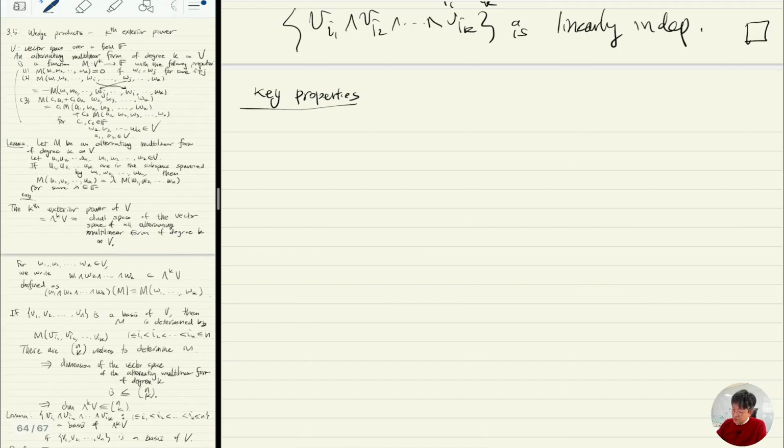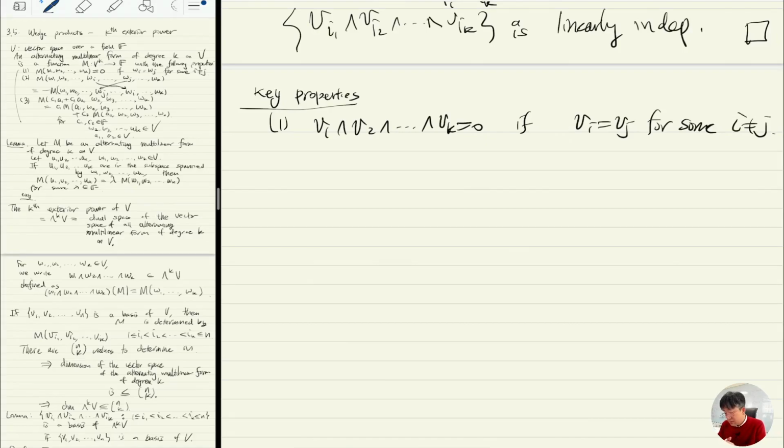All right, so the first one: v1 wedge v2 wedge ... wedge vk is 0 if vi is equal to vj for some i different from j.